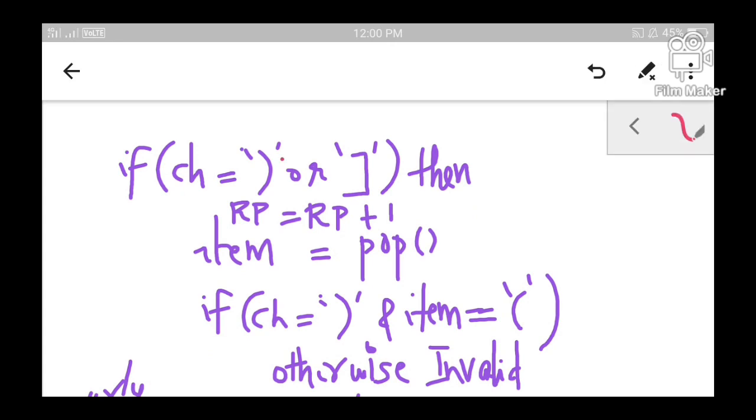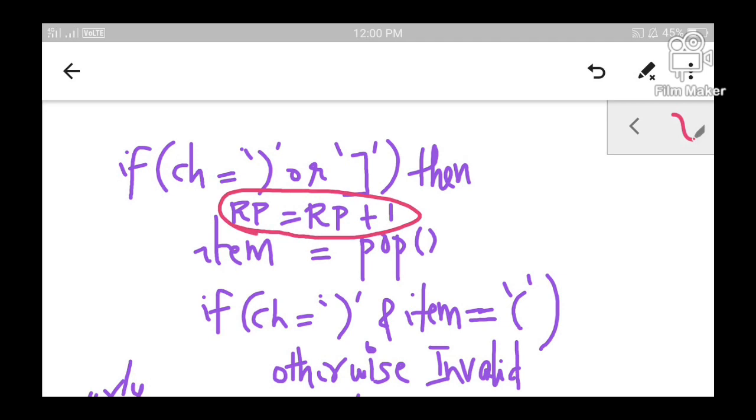Now, if the read character is a right parenthesis, there can be two kinds: a normal right parenthesis or a square right bracket. In both cases, they are generally termed as a right parenthesis. So if the read character is a right parenthesis, we have to increment RP by 1.